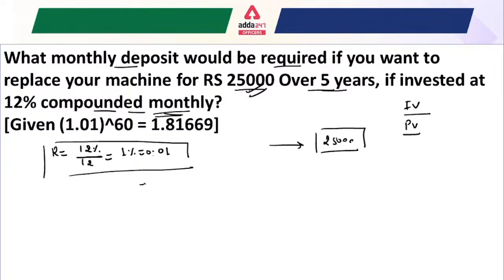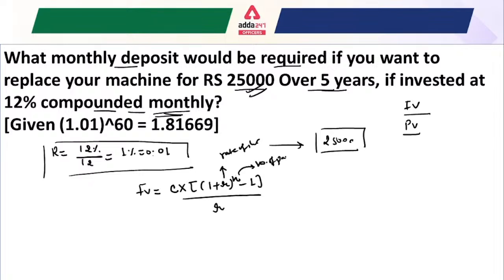So the formula is: future value is equal to the cash flow multiplied by (1 plus r) to the power n minus 1, divided by r, where r denotes the rate of interest, and n denotes the number of payments.